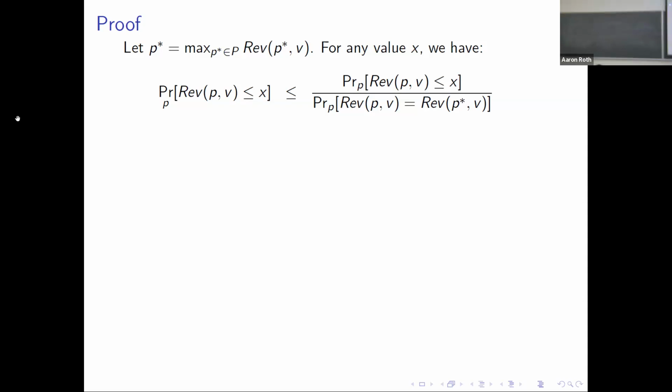The probability that I get revenue less than X is at most the probability that I get revenue less than X divided by the probability that I get the exactly optimal revenue, because dividing by something less than 1 only makes the number bigger.